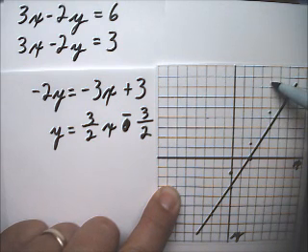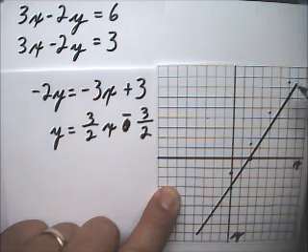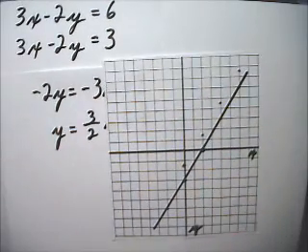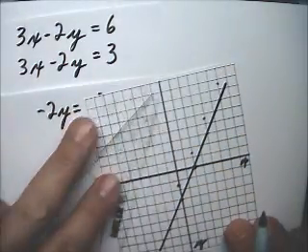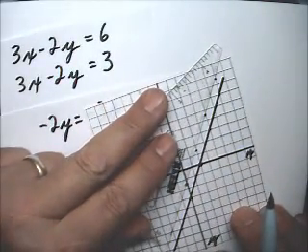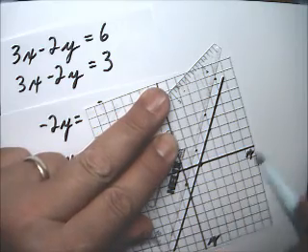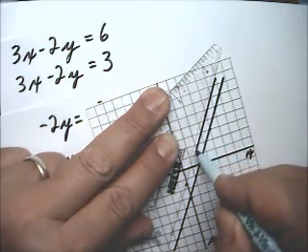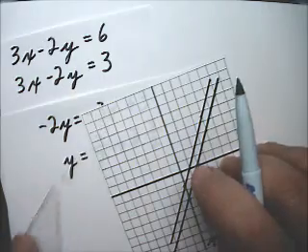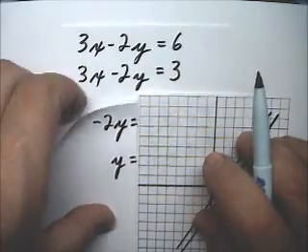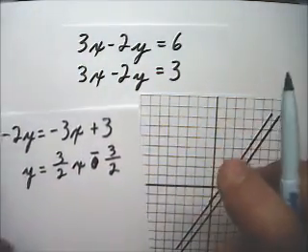Up 3 and to the right 2. So this line looks to be parallel to my first line. Yeah, I get this line going here. So these lines never meet, therefore they have no solution.